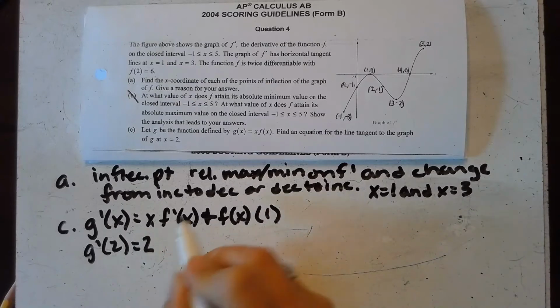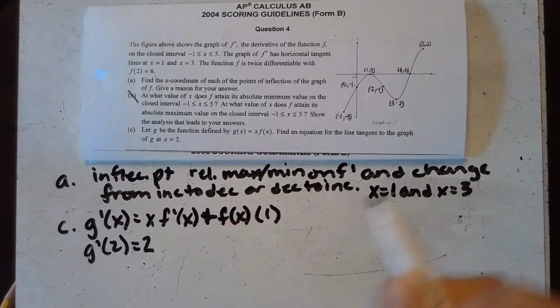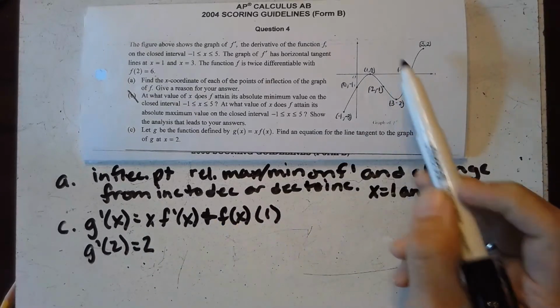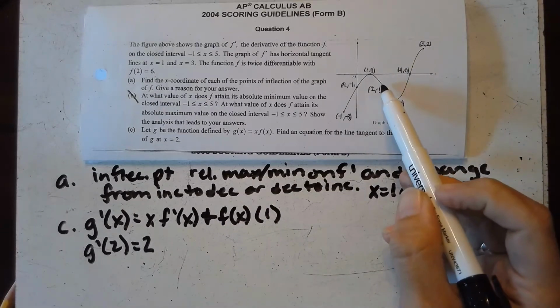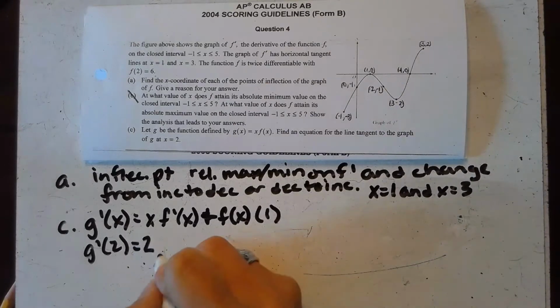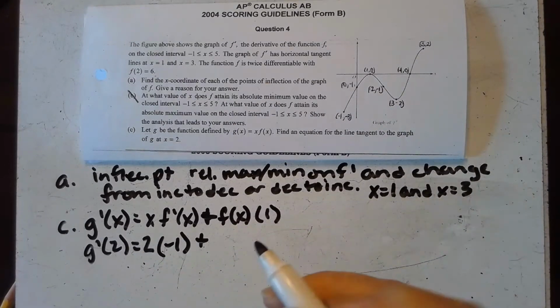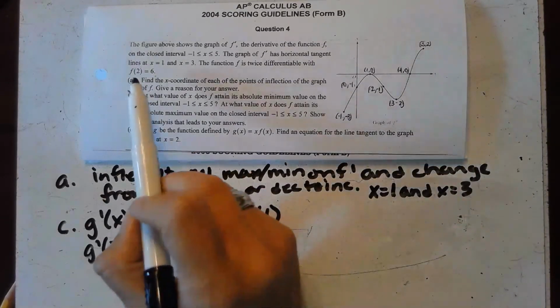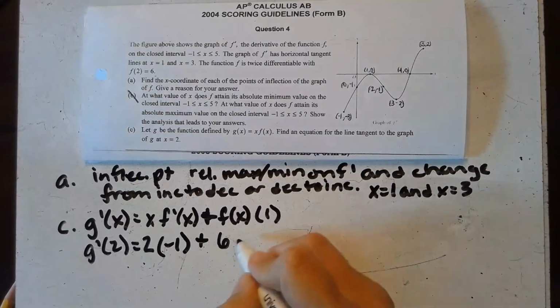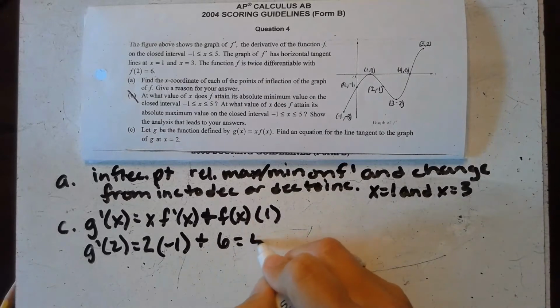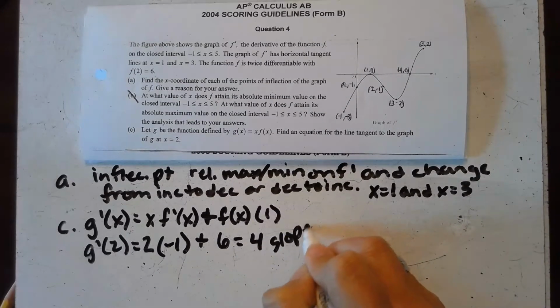So 2 times f prime at 2. So think f prime at 2. This is the graph of f prime, and f prime at 2 tells us it's -1. Okay, f of x at 2. Now there was a reason for them giving us f of 2 equals 6. It's going to be 6. So this is -2 plus 6, which is 4.